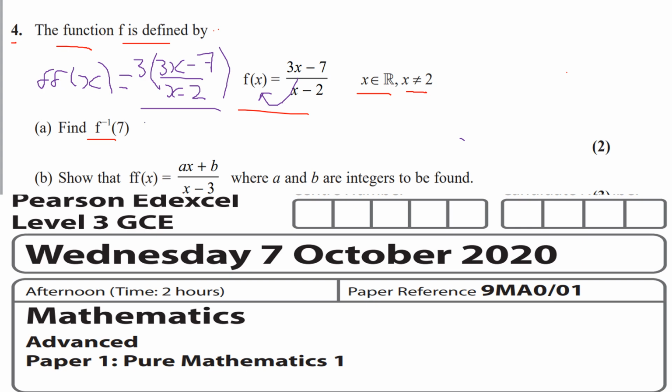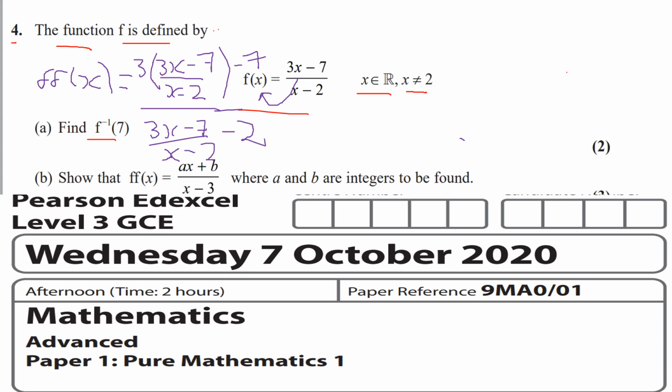We have 3x minus 7. It is not as bad as it looks when you first look at it. And then don't forget that minus 2 at the end. Also, I can't forget that minus 7, because I've got 2 minus 7s there, if I'm not mistaken.